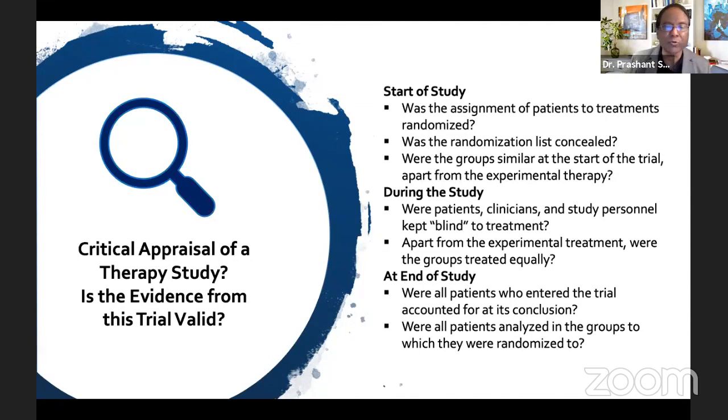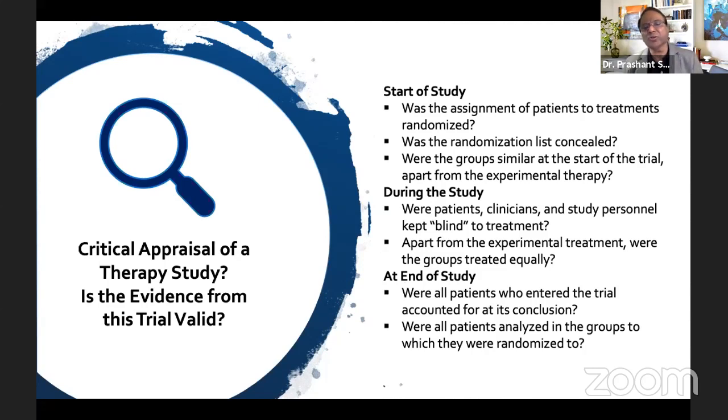The patient didn't know whether they were getting a treatment or a placebo. The clinician didn't know what drugs their patients were getting, whether a drug or the placebo, and the study personnel or analysts involved in that randomized control trial also didn't know which group got what treatment. Was it placebo or was it intervention?